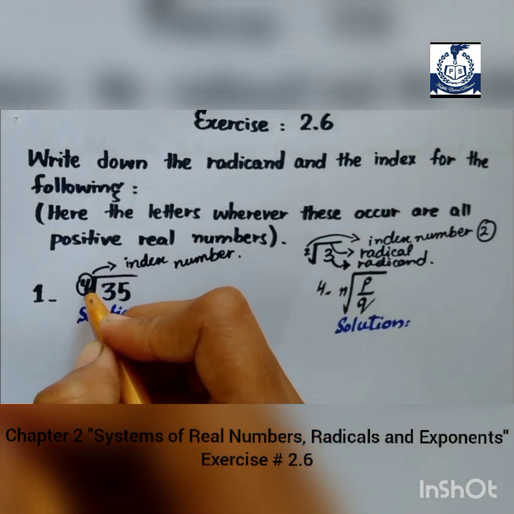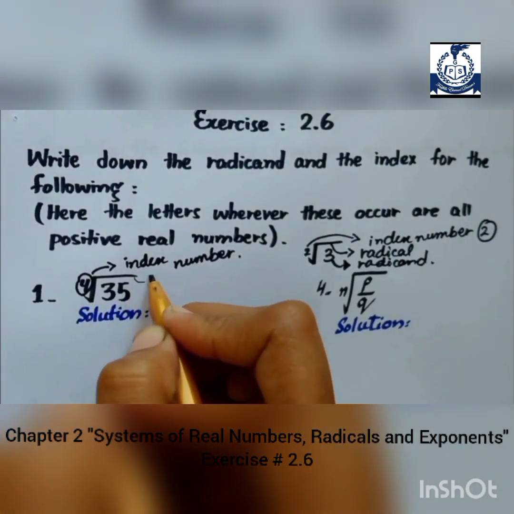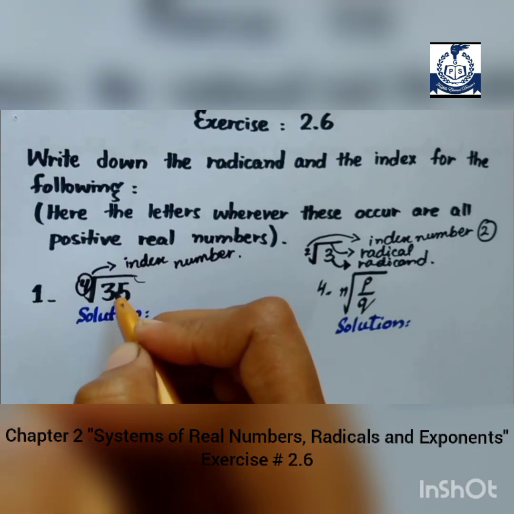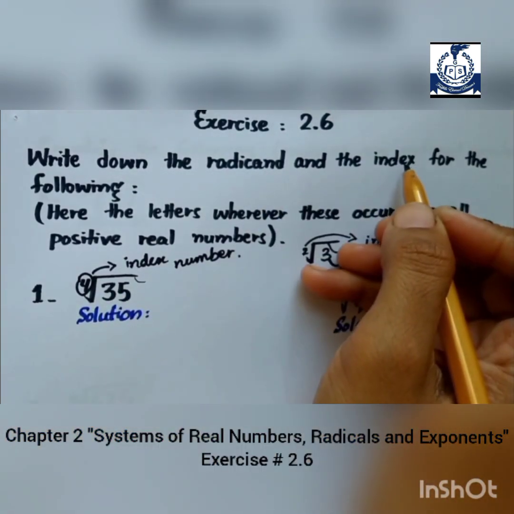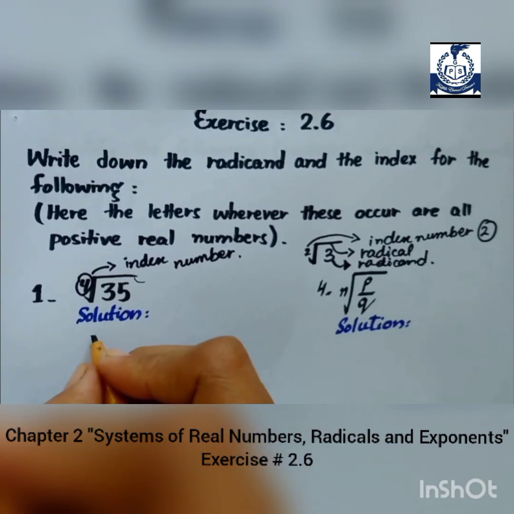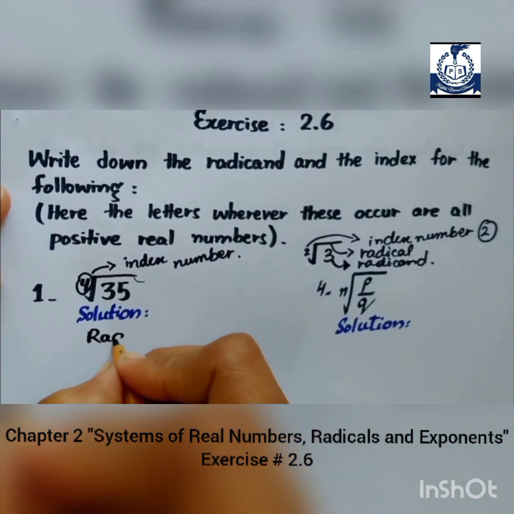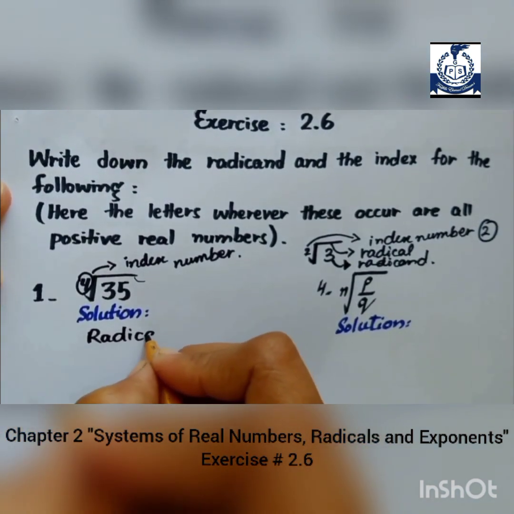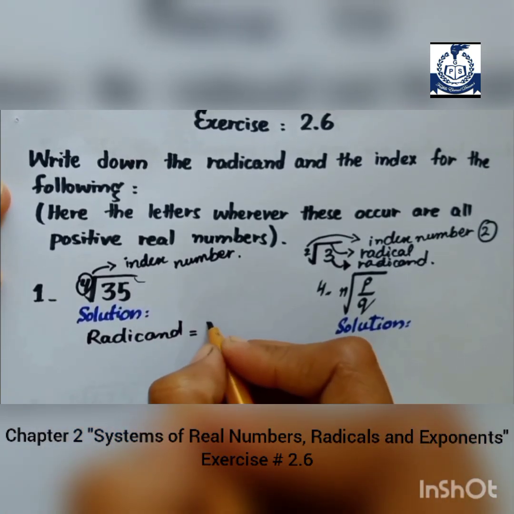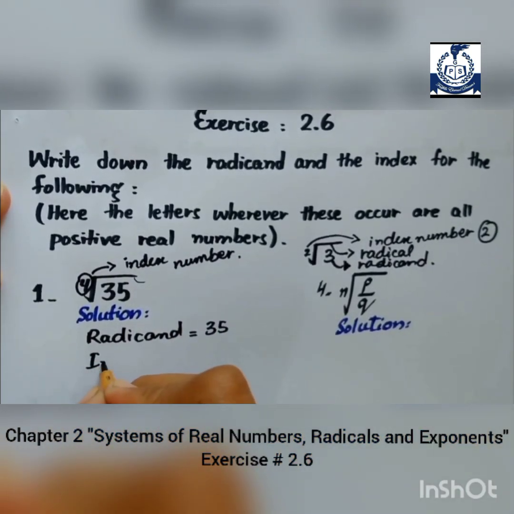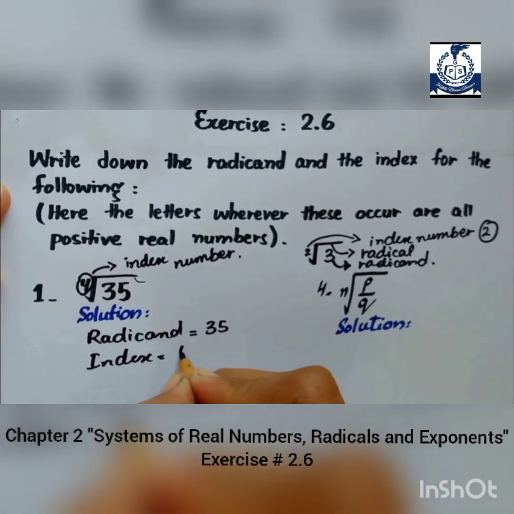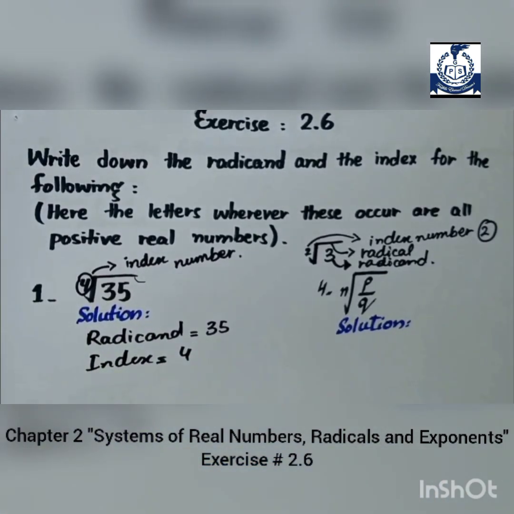So in question number 1, 4, which is the power, is the index number, the root sign is the radical, and the value 35 is the radicand. Radicand is 35 because this value is written under the root, and the index, which is the power, is 4. Index is equal to 4.